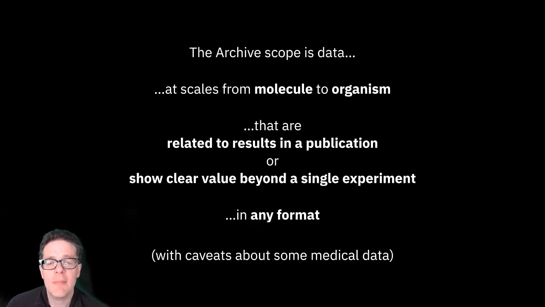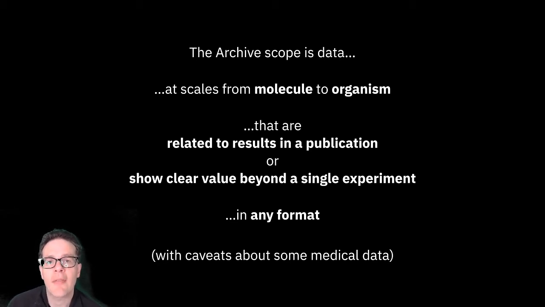Our scope is extremely broad, so we take data for all scales, from molecules to organisms, for all modalities. The primary constraint is that data should be either associated with a publication or have very clear value besides a single experiment. So something like a reference data set for benchmarking analysis algorithms, for example.